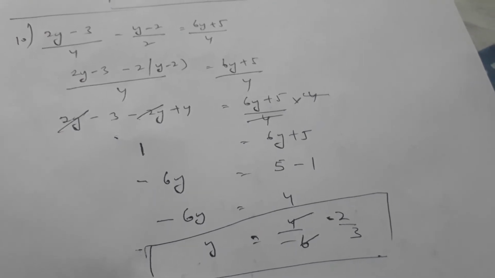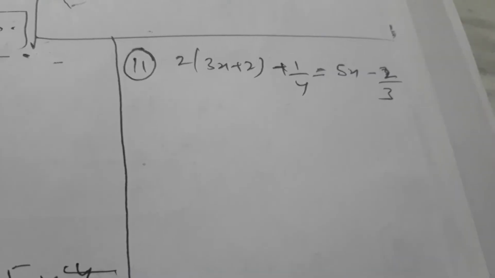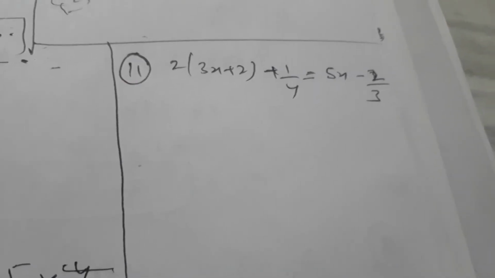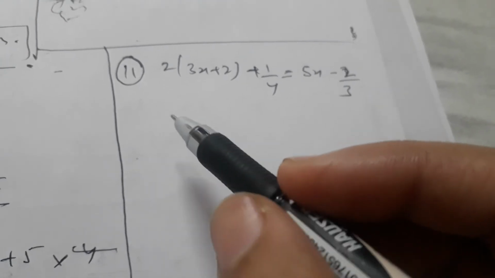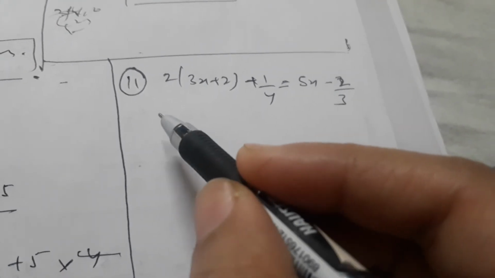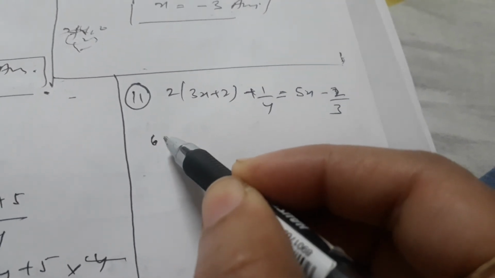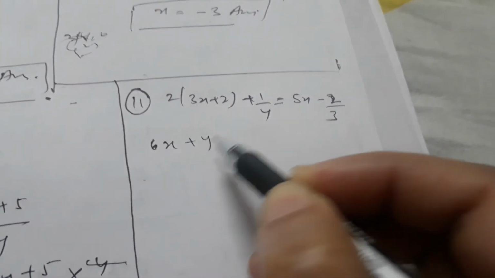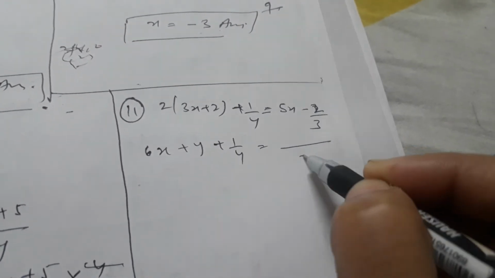Now come to the last two parts, which are the 11th and 12th parts. So the 11th part is 2 within bracket 3x plus 2, plus 1 by 4, equal to (5x minus 2) by 3. So let's check out how to solve it. First we will multiply. So it will be coming out as 6x plus 4 plus 1 by 4, and in here we will take the LCM.